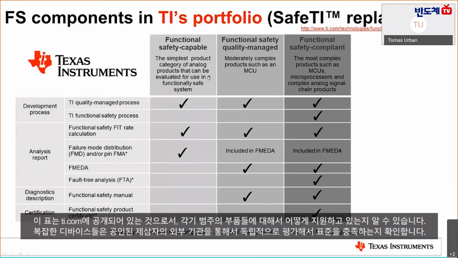This table is public on ti.com. You can look at it and see which category the component you are looking at falls into, and that basically defines how much extra documentation and effort we spend to support the design.